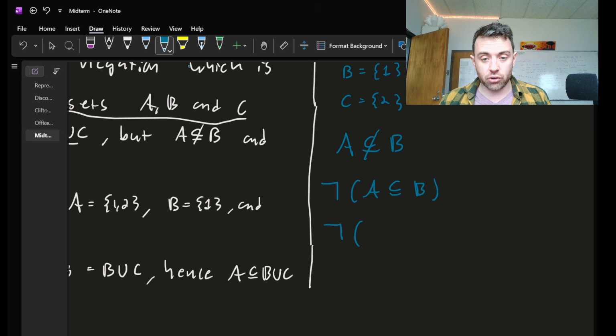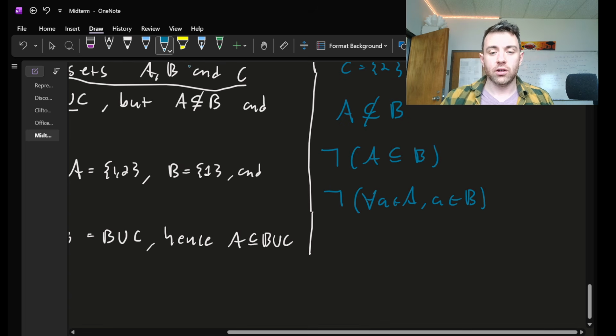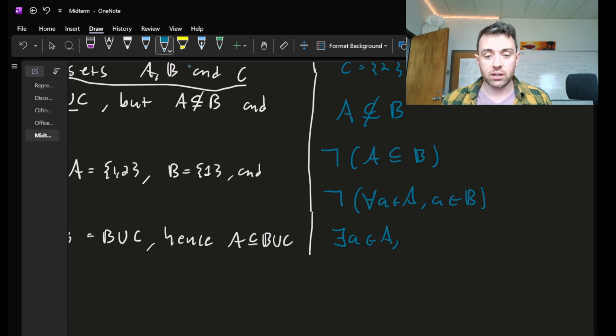That's really a shorthand for saying for all a in A, a is in B, right? So in other words, the negation of that becomes that there exists an element of A where a is not an element of B.